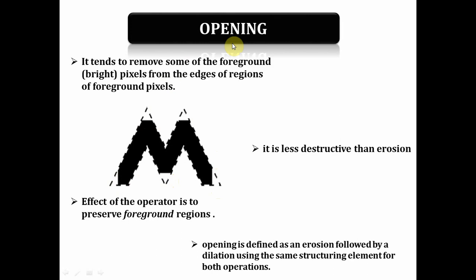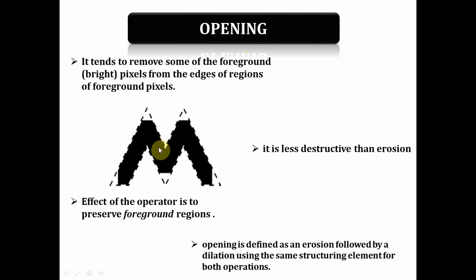It has a combination of two morphological operators, erosion followed by dilation, and because of this it is less destructive than erosion. If you use only erosion, you will remove a maximum part and retain only a minimum part of the foreground pixels.